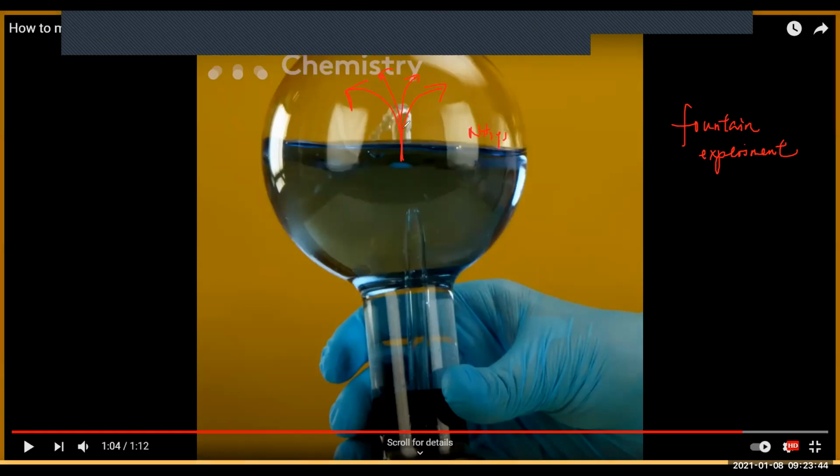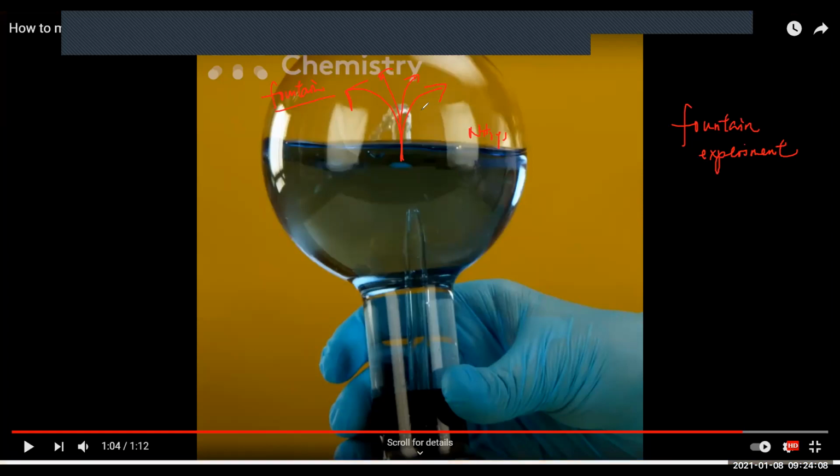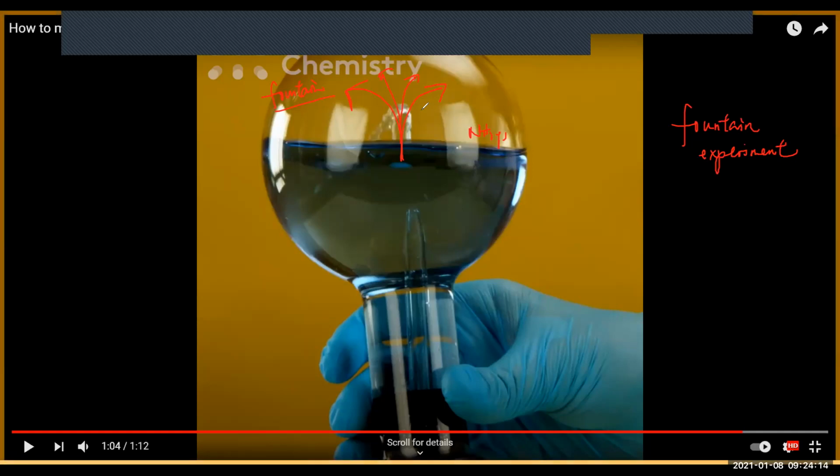The water flows up at full speed, seems like against gravity, and spreads like a fountain, punching. Why? Why would the water level rise up?